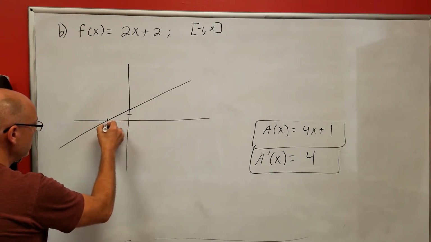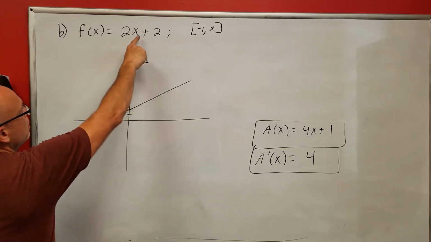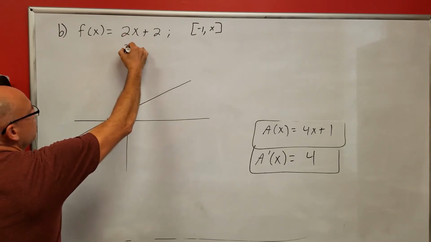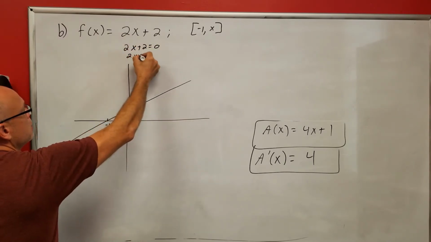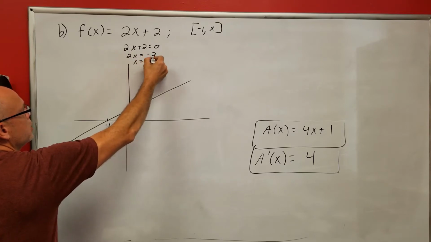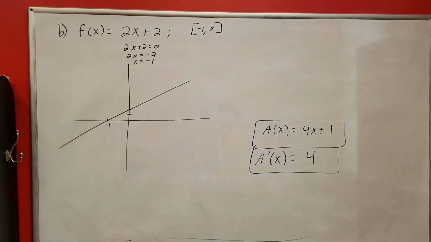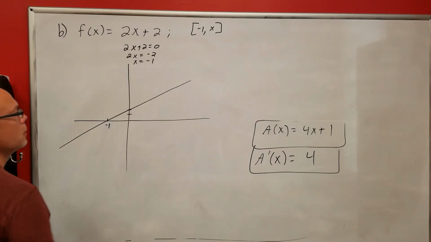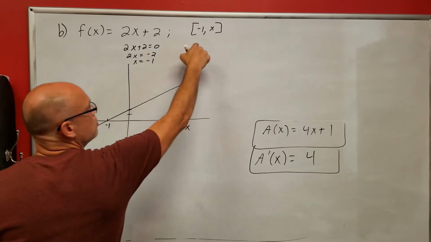Wouldn't -1 be right here? Think about it. What is the zero of this function? 2x plus 2 is equal to 0, so 2x is equal to -2, or x is equal to -1. So at -1, my function hits the x-axis there. And let's go out to some x. So we're going from -1 to x, right?